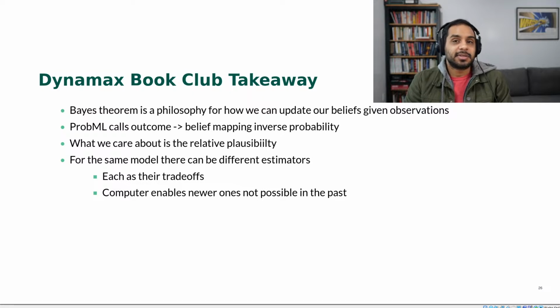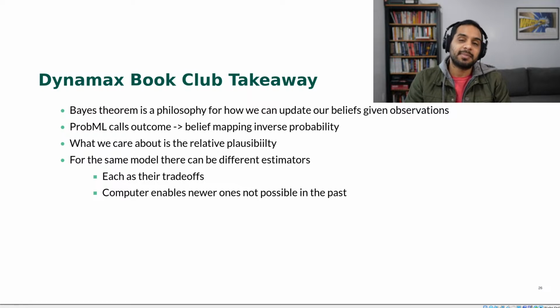The last thing which we covered is that for the same model, there can be different estimators. So we had the COVID example, and we had two estimators. We had conjugate estimators. Well, in that case, the conjugate model, it's not an estimator, it's an exact solution. But the point being is we had one way of calculating our posterior distribution. That was with the conjugate update, the pen and paper math, as I called it.